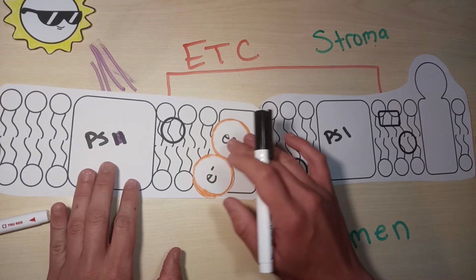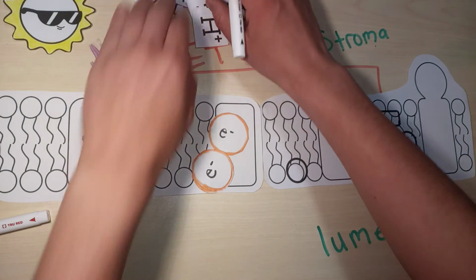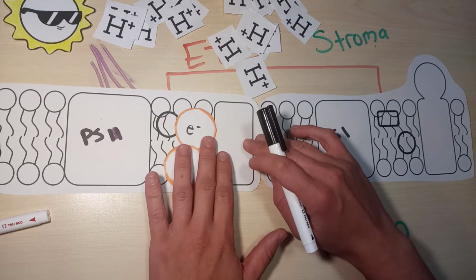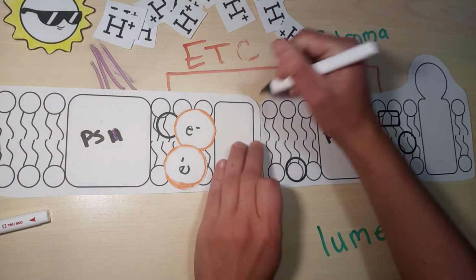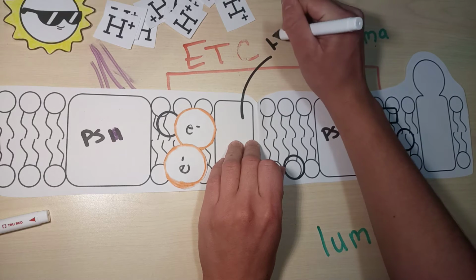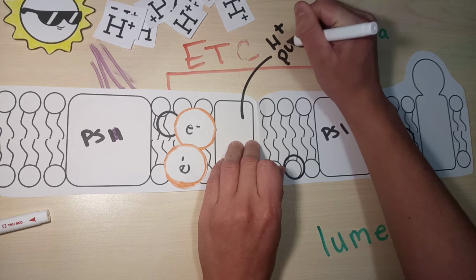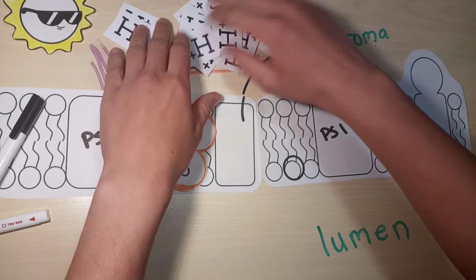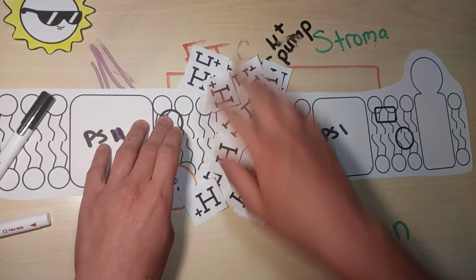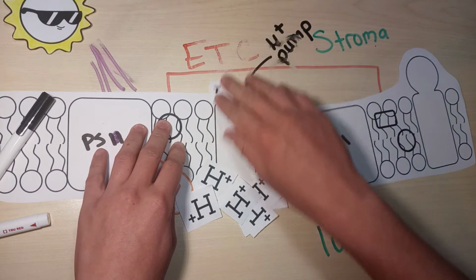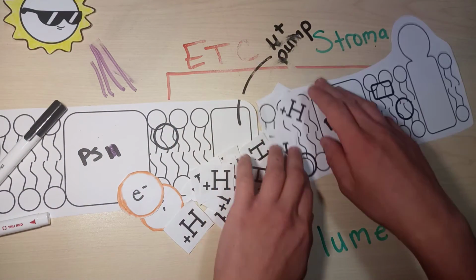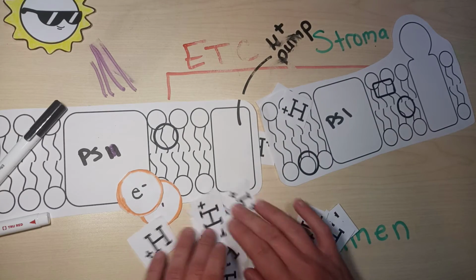The energy release causes hydrogen ions that exist in the stroma of the thylakoid to be pushed through this structure, known as the hydrogen pump, and into the lumen of the cell, where they become concentrated and will not be able to pass through the way they came because this membrane is impermeable to these hydrogen ions.